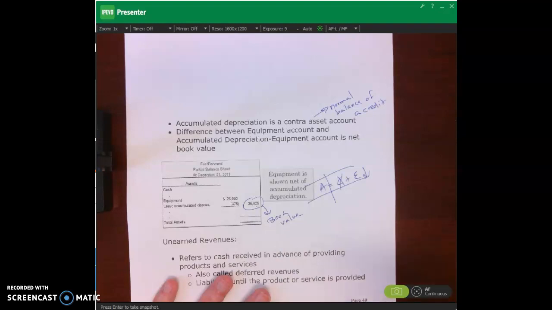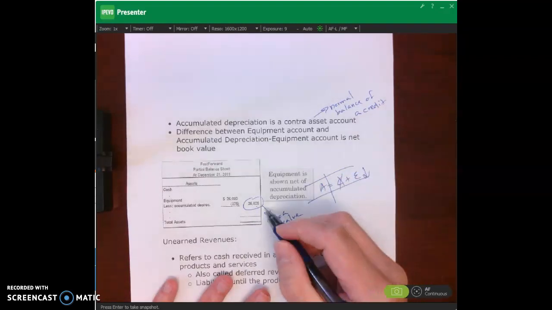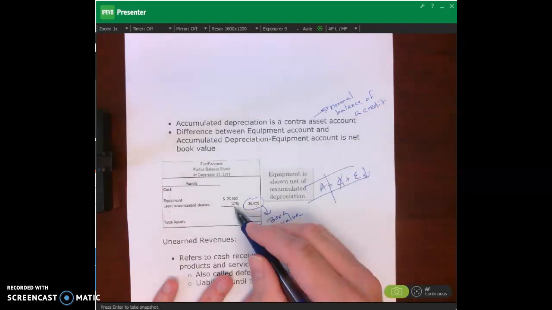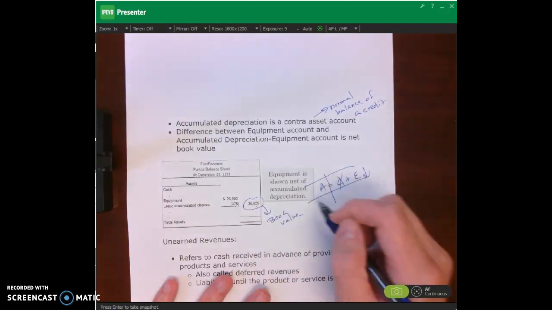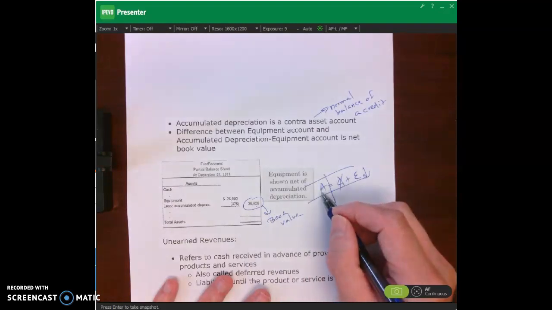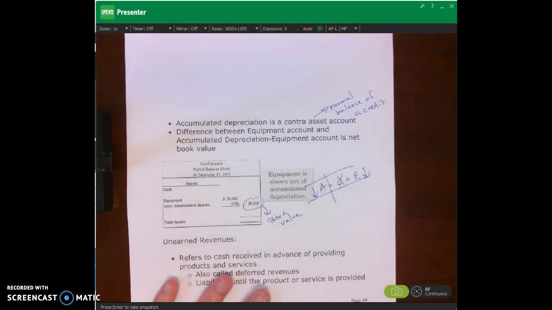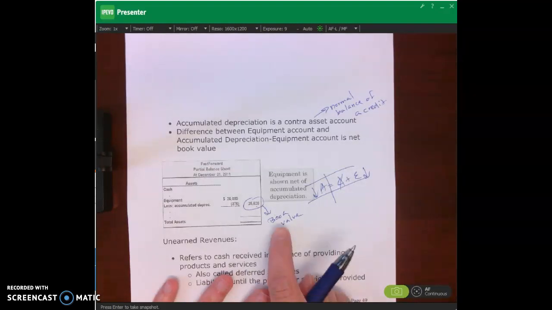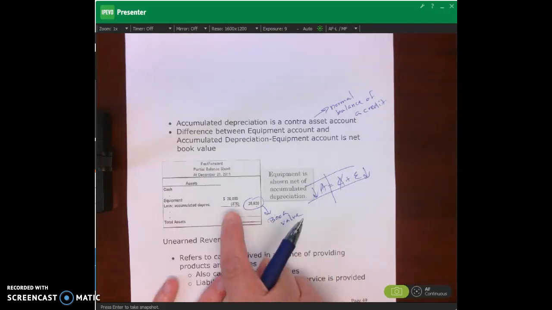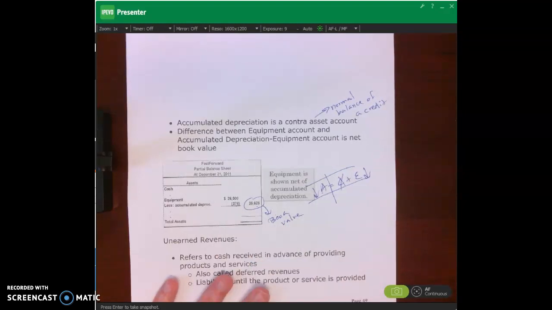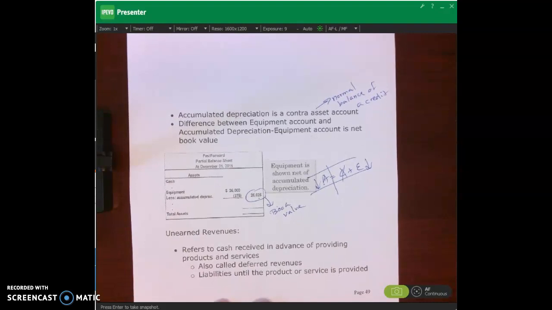Because accumulated depreciation goes up, book value goes down. Therefore, total assets go down because the book value went down, because accumulated depreciation went up. Okay, so that's how this keeps the accounting equation in balance.